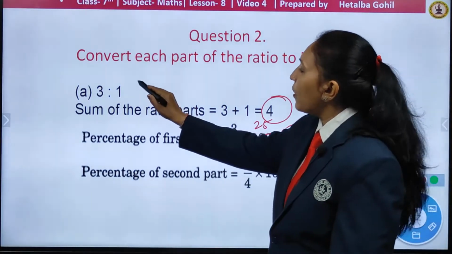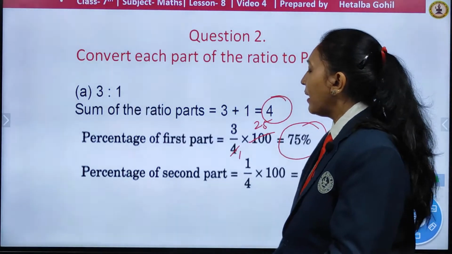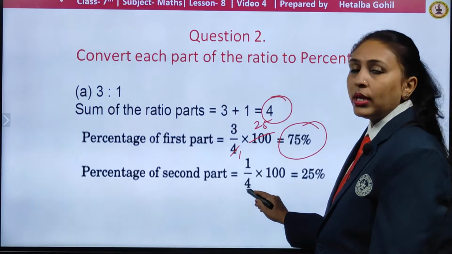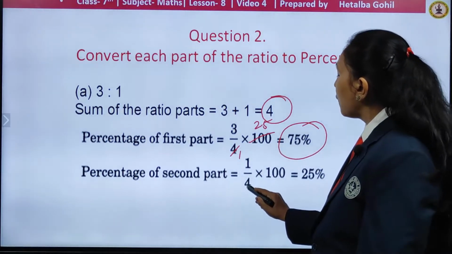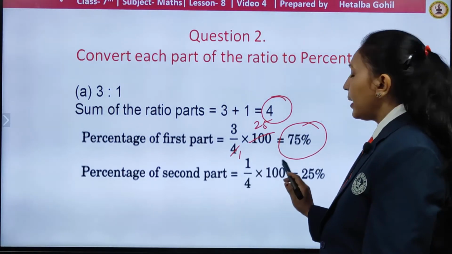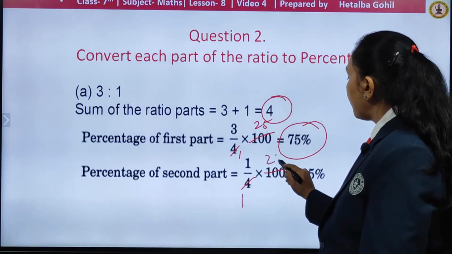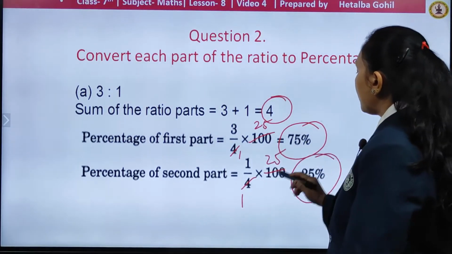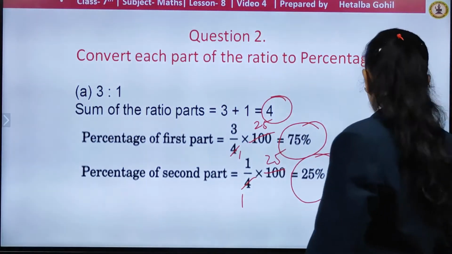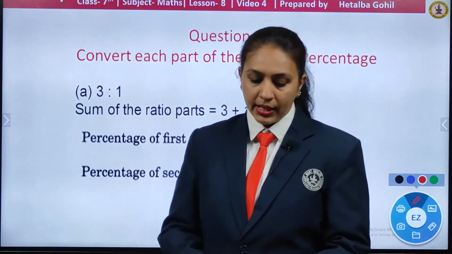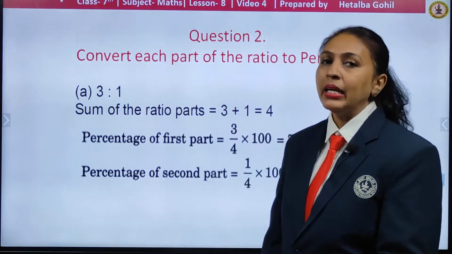Now, same thing we will find for the second part, that is 1. So, 1 upon the total number of parts, that is 4, multiplied by 100. You get 25% as the percentage here. So, first find the sum of the ratios and individually multiply each part by 100.